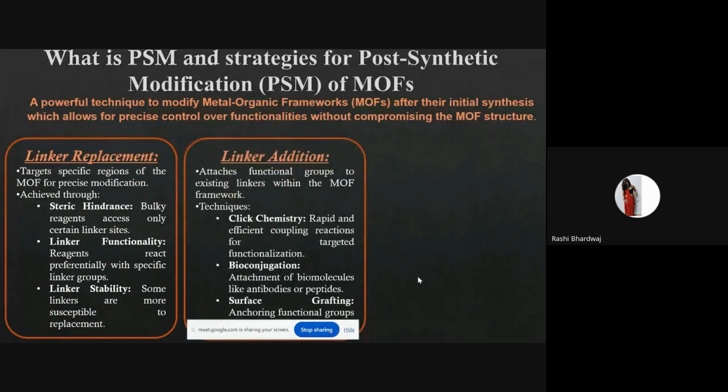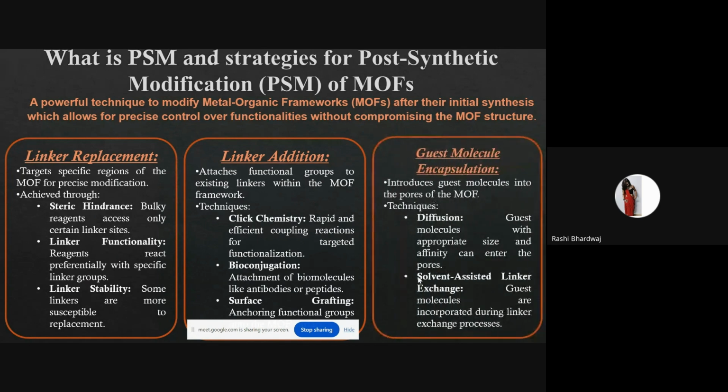Functional groups are attached to the existing linkers on one side of the MOF. This can be achieved via click chemistry or by bioconjugation or by surface grafting. And the third is your guest molecule encapsulation, where we introduce guest molecules into the pores of the MOF. It can be done via diffusion or via solvent-assisted linker exchange.